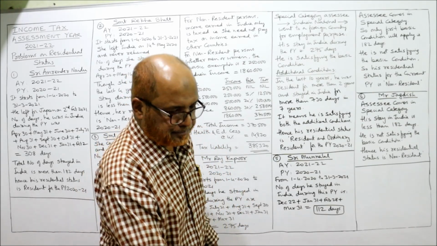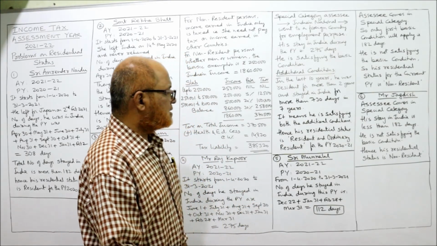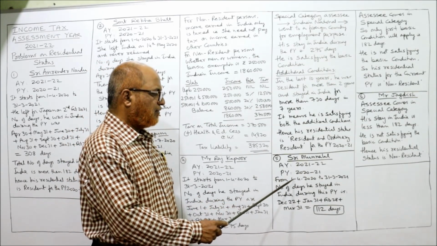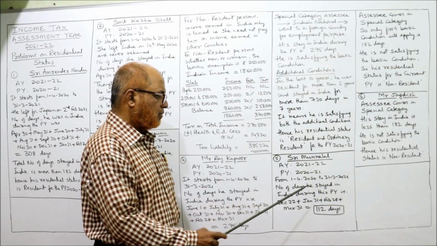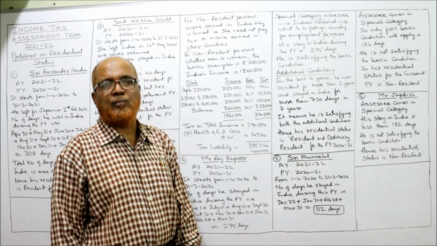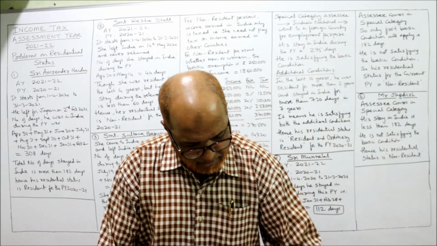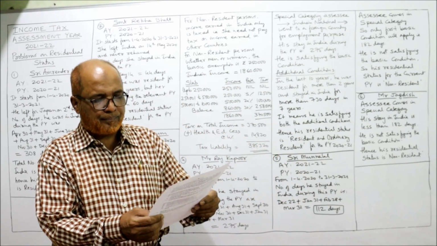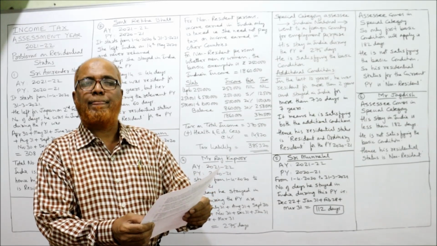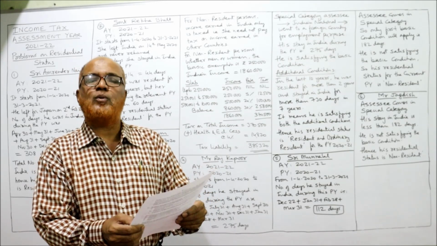That we have to count. Sri Munna Lal, assessment year 21-22, previous year from 1st April 2020 to 31st March 2021. Number of days he stayed in India during this period: in December, 22, because he came back to India on 10th December 2020.